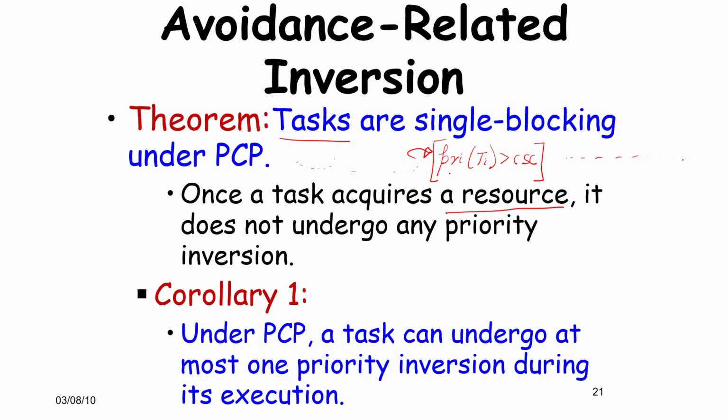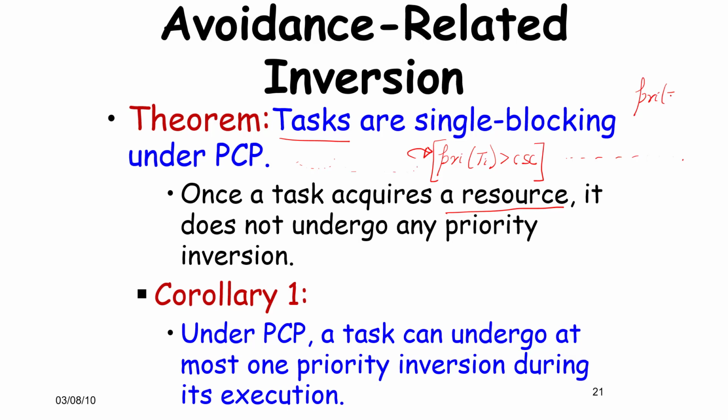So if you think about it, this is pretty much the only time that the task will actually block, because it doesn't have a resource. It tries to acquire its first resource, and it will not be able to acquire it because maybe a low priority task is holding on to it. But once that has left, the next time if it has the highest priority among all tasks, it will get it.